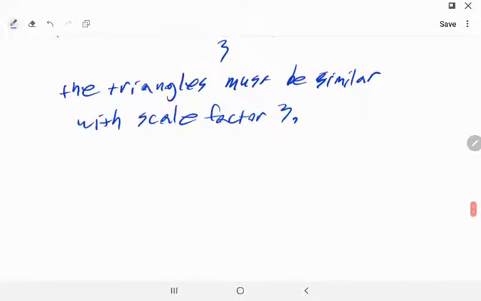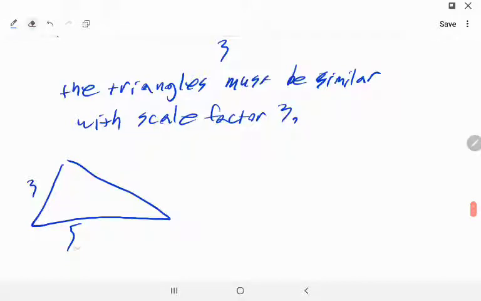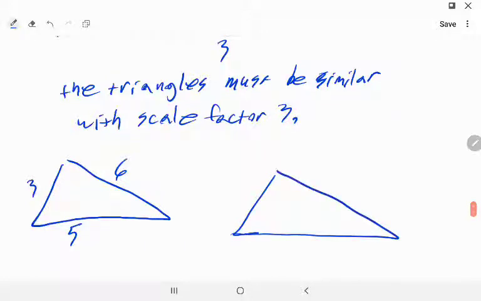We notice that if we were told that two triangles are similar, and we know that one of them is 3, 5, 6, and the other triangle, let's keep it simple for the moment, has a side length of 10.